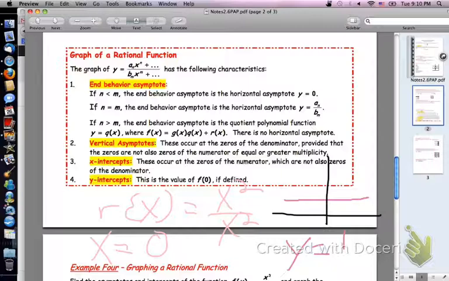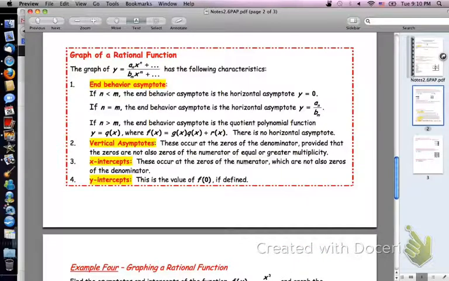So there's no vertical asymptote at x equal to 0. So we're still looking for 0 in the denominator to find vertical asymptotes, but if we have a 0 in the numerator, we have to investigate further to see.